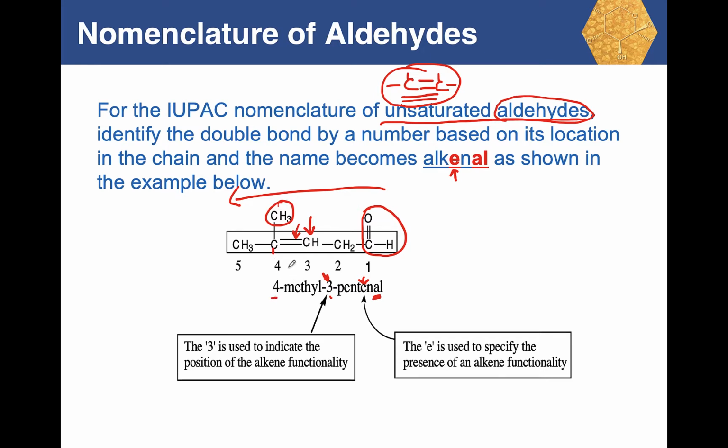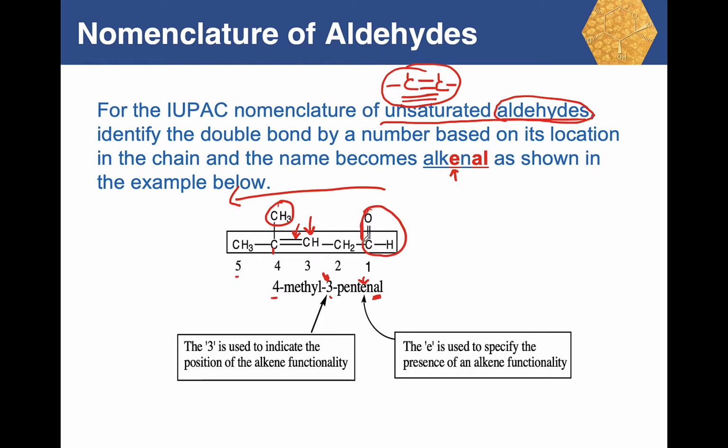So let's go over this just to make sure we have it. This is a molecule that has an aldehyde and a carbon-carbon double bond, or an unsaturation. So we'll have to first of all determine the number of carbons in that chain. 5 carbons. So the root would be pentane.